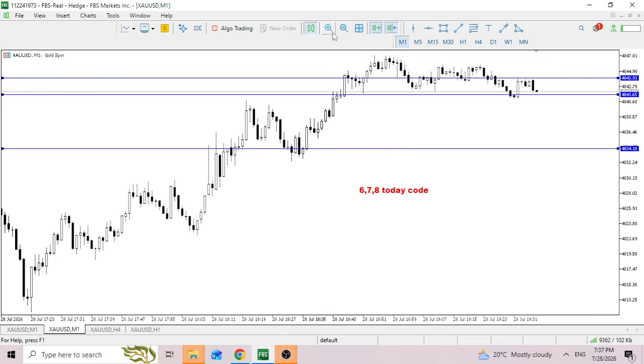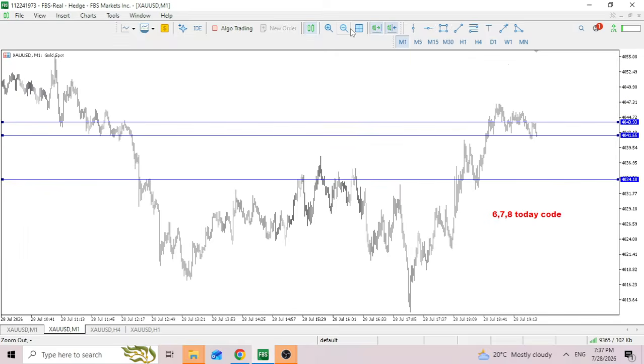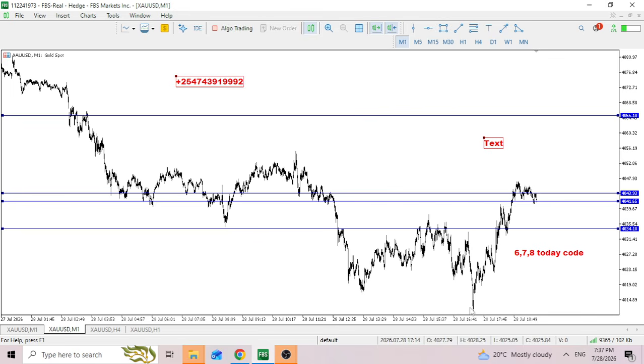Let me enlarge this. Today's course was 7,876,767. I can show you where I took these trades today. I took a buy trade here.